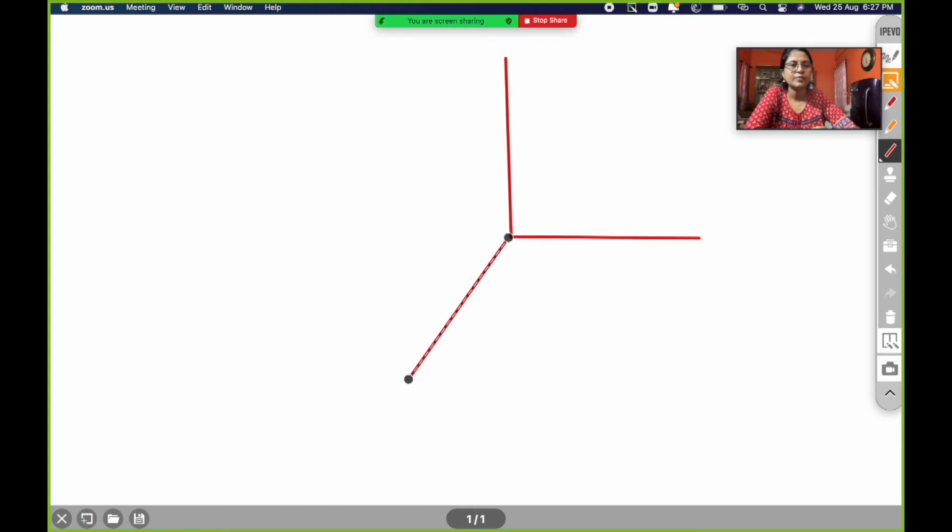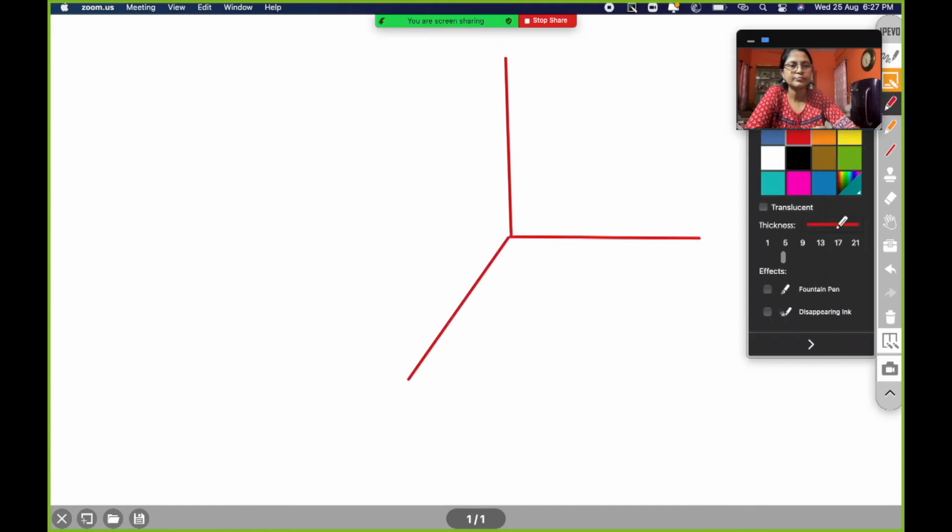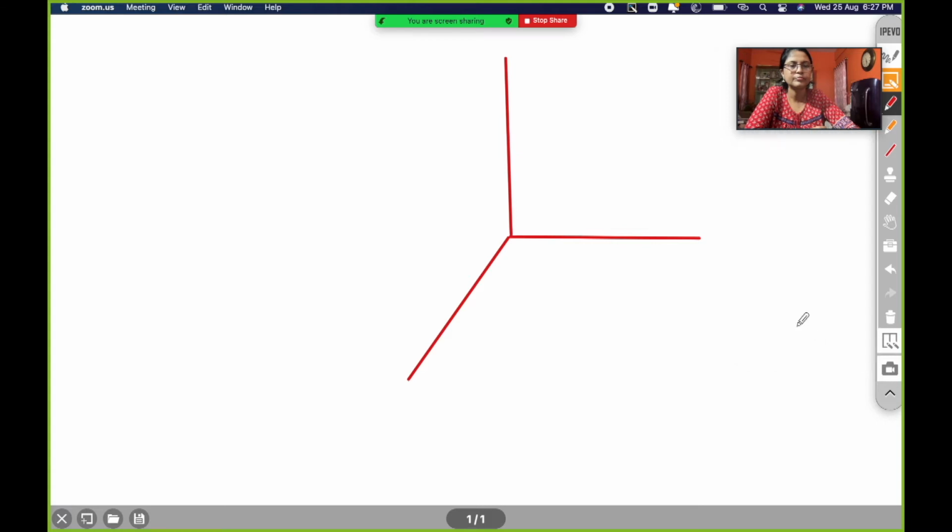This is the origin where the three axes intersect, mutually perpendicular to one another. This is the x-axis, this is the y-axis, and we have the z-axis here.